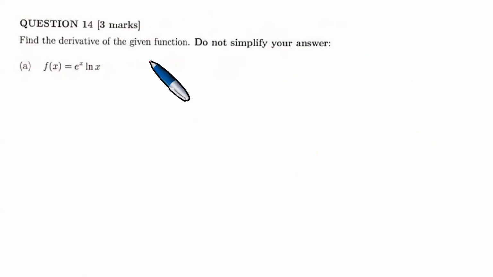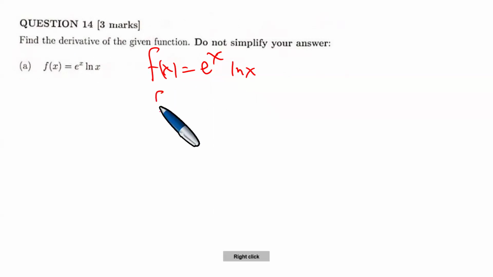f of x is e to the power x ln x. Find the derivative of the given function. I know this one you can do with so much ease. We know that the derivative of this particular function would be by the product rule.